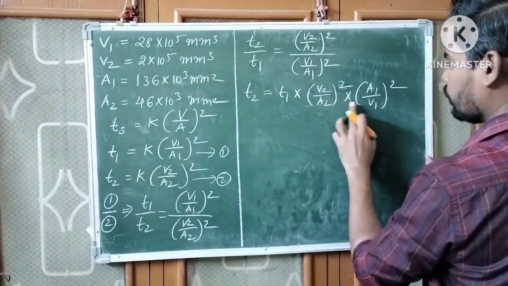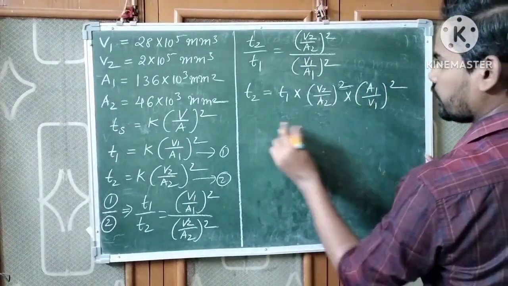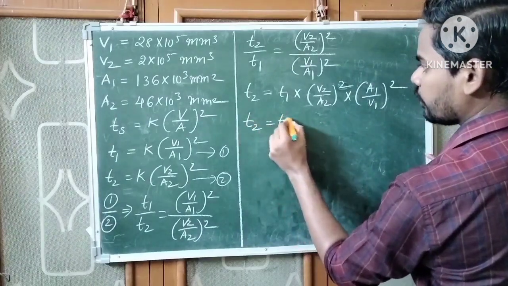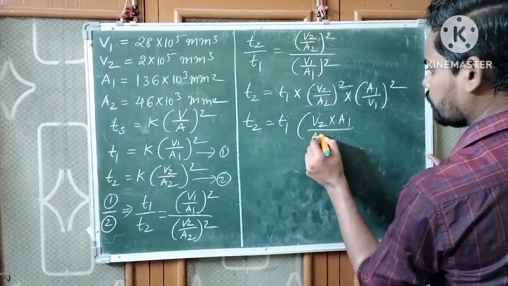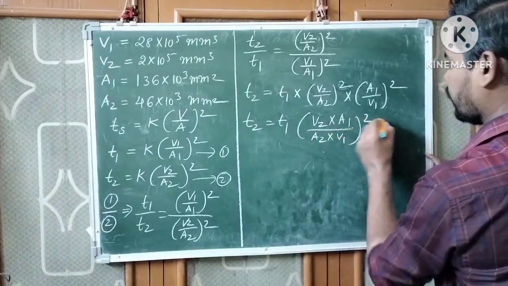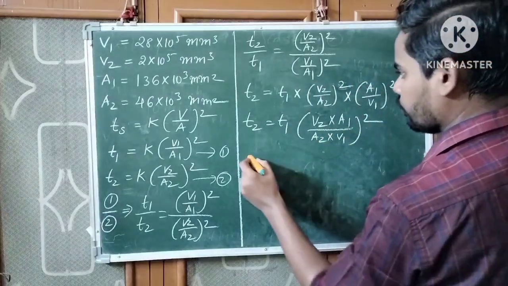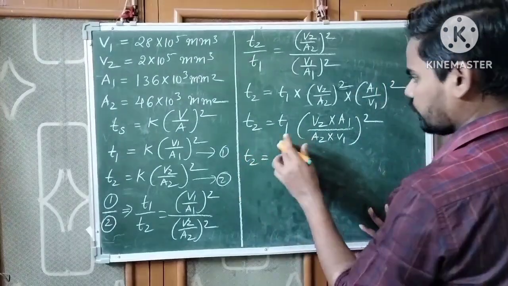We know that A power M into B power M is (AB) whole power M. So T2 is equal to T1 into (V2 into A1 by A2 into V1) whole square.